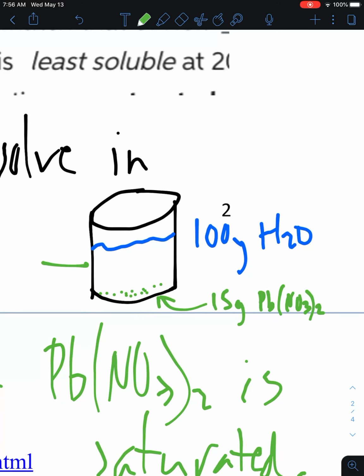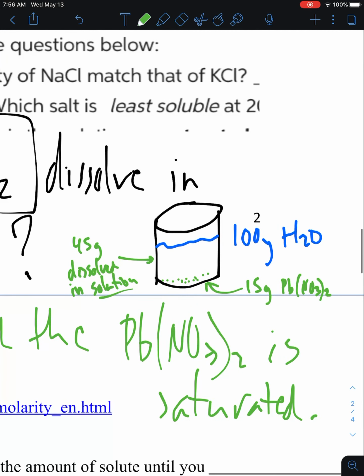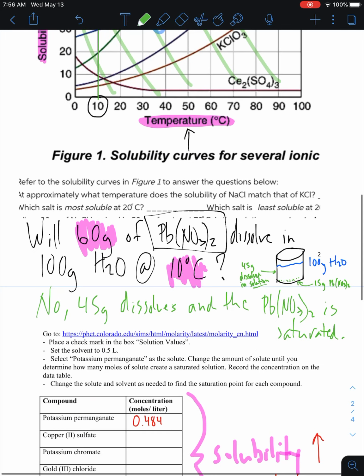And the other 45 would be dissolved, and let's use that word that you learned in the last day of this: 45 grams dissolved in solution. We have our solute, lead nitrate, we have our solvent, water, and we've made a 45 gram solution, and it would have some sort of concentration to it.